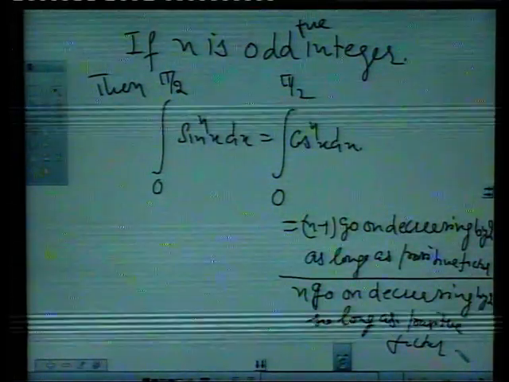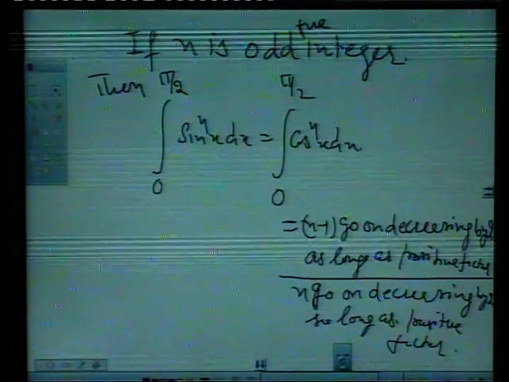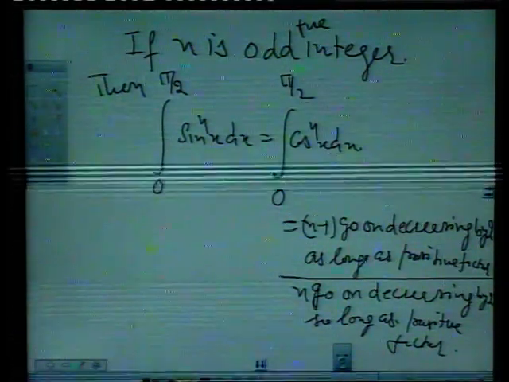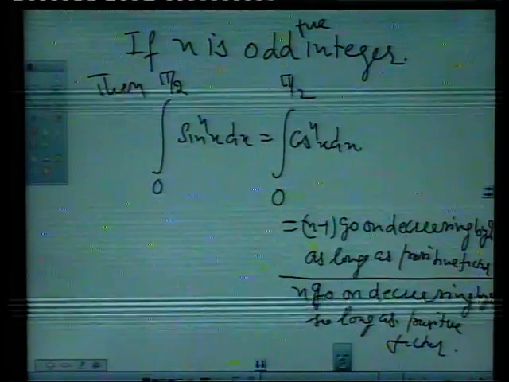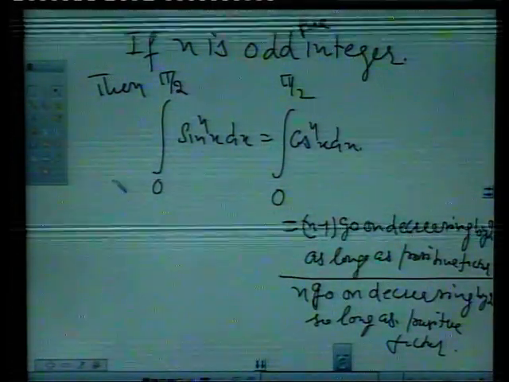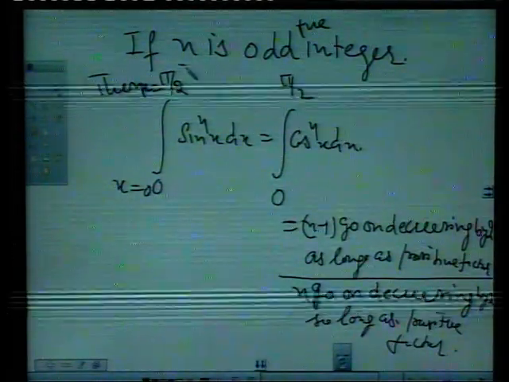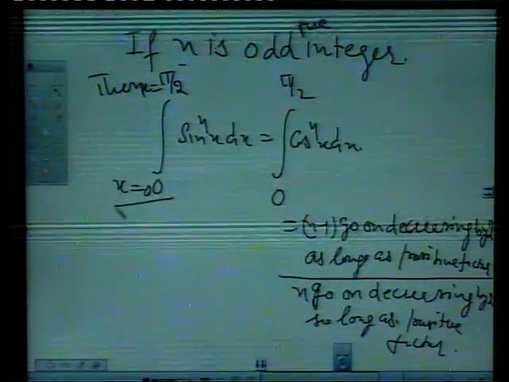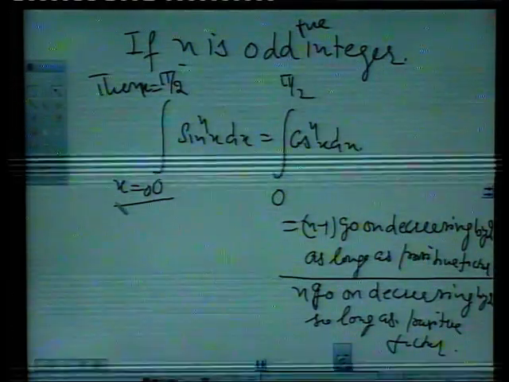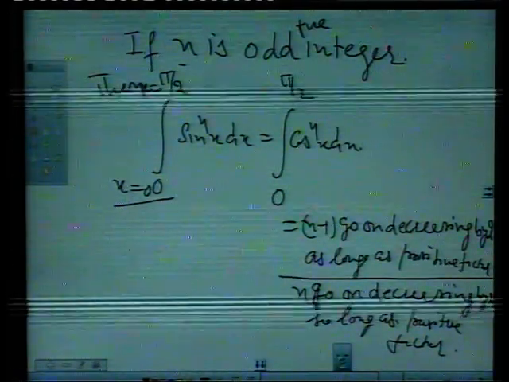Right. So, in case you have sine x raised to power n dx within this definite integral x equal to 0 to x equal to pi by 2, remember here lower limit should be 0 and upper limit should be pi by 2.